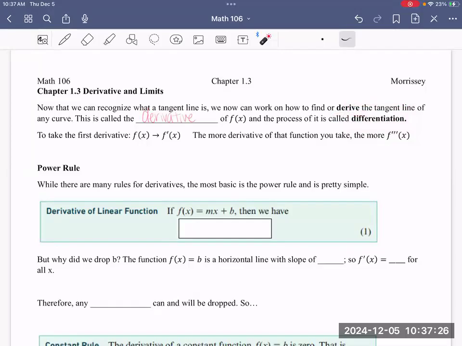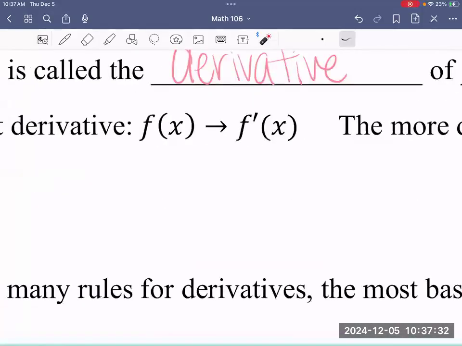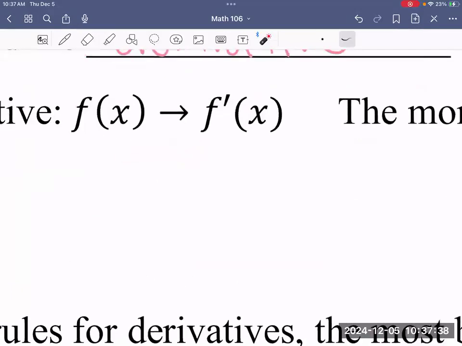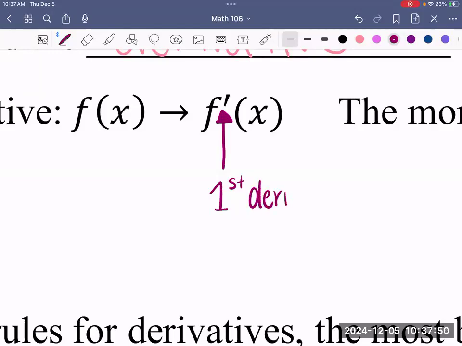So to take the first derivative, because you can derive many, many times, in order to derive, we go from the original function into your first derivative. This little prime symbol right here, it looks kind of like an apostrophe symbol in English. This is just how to say your first derivative.